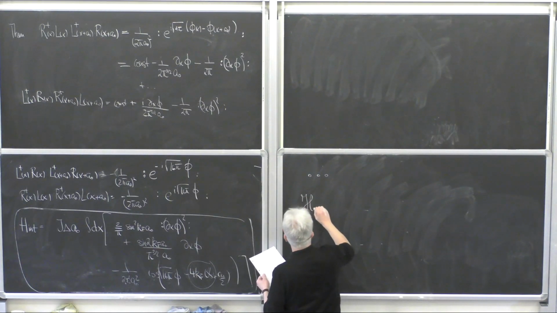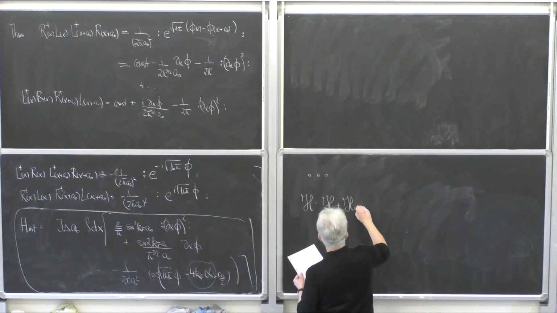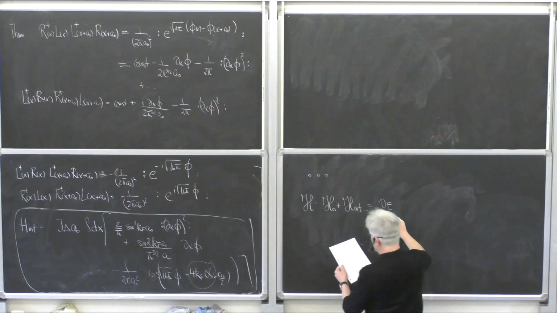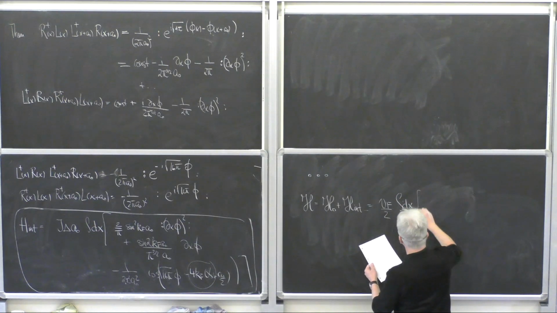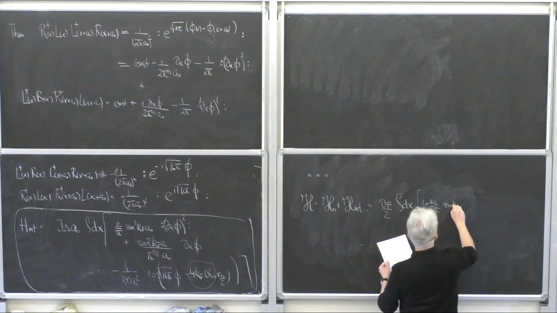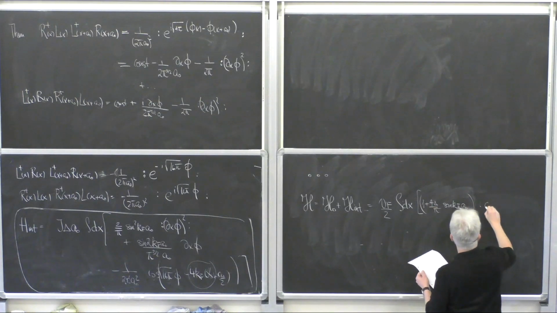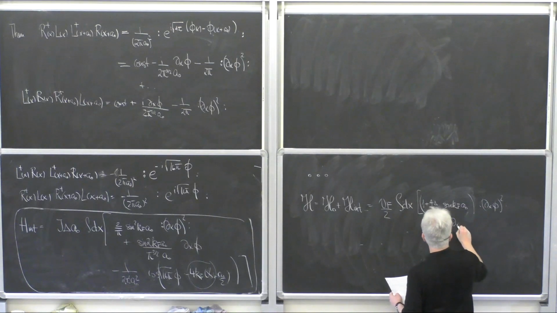So then the Hamiltonian becomes H naught plus H int is Vf divided by 2 integral dx. So here we get 1 plus 4 delta over pi sine kf a naught dx phi squared plus dx theta squared.